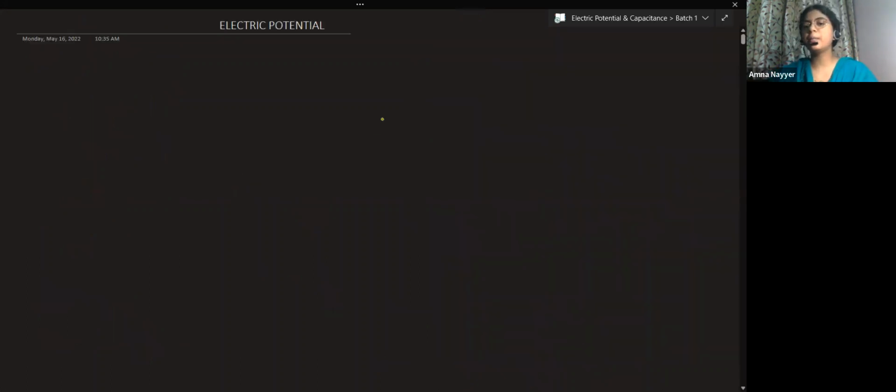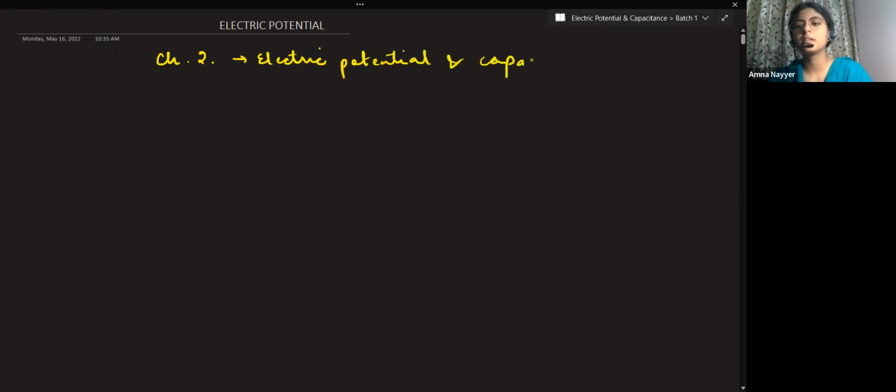Now, electric potential and capacitance. This is your chapter number 2 of NCERT. Electric potential and capacitance.